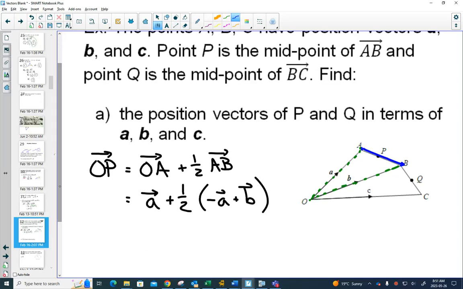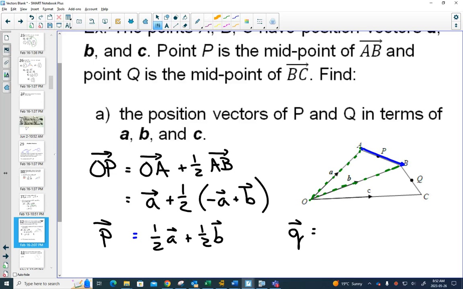And so from O to P is going to be equal to, if I combine my like terms, half of A plus half of B. And this would be position vector P. Position vector Q can be done the same way, right?